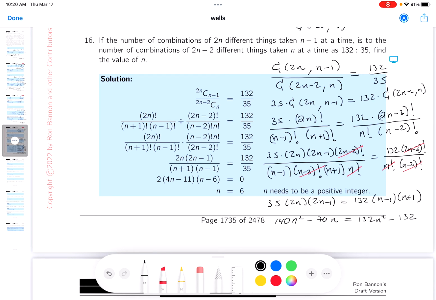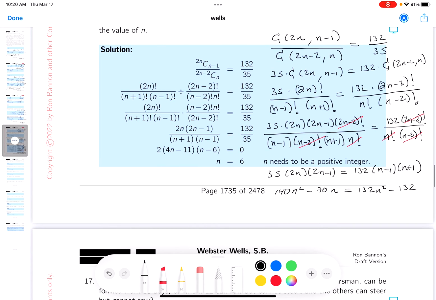Well, I got to keep going, don't I? And it's certainly quadratic in n. So I'm going to say 8n squared minus 70n, and then plus 132 equals 0. By the way, n is an integer.